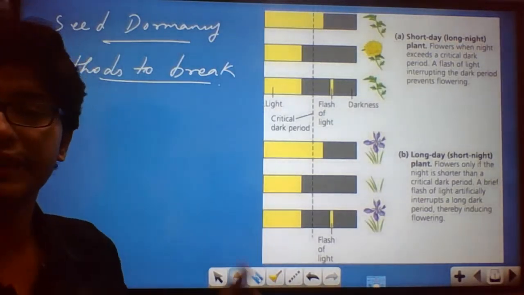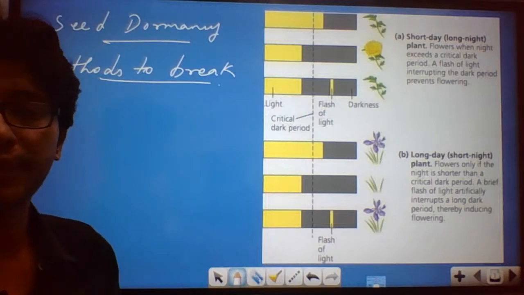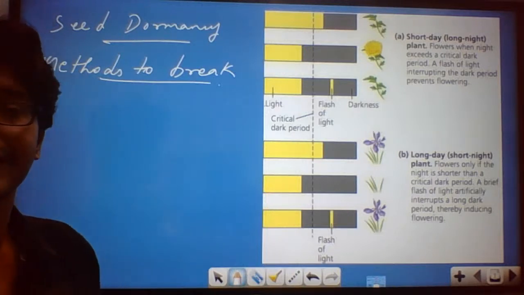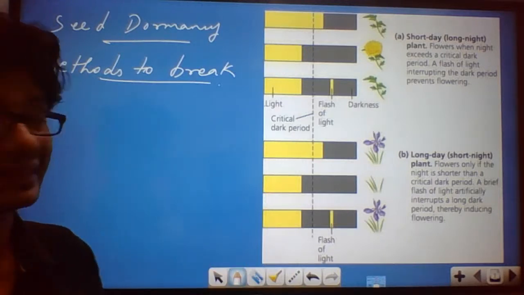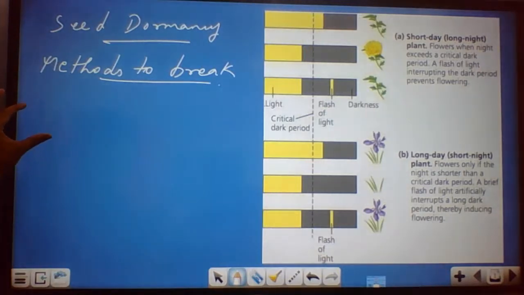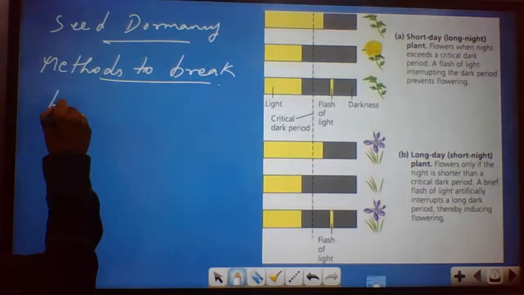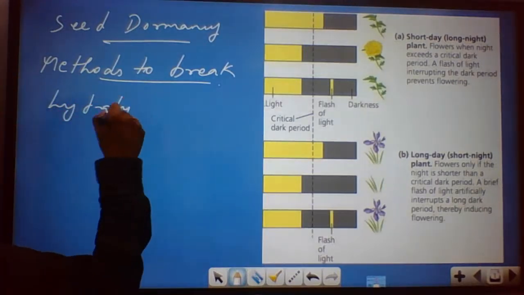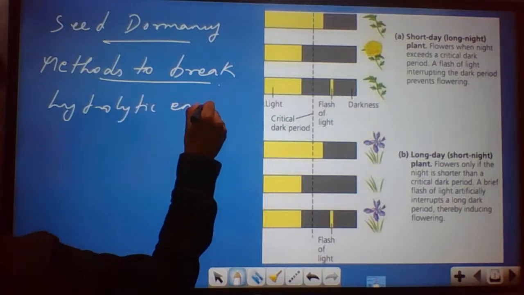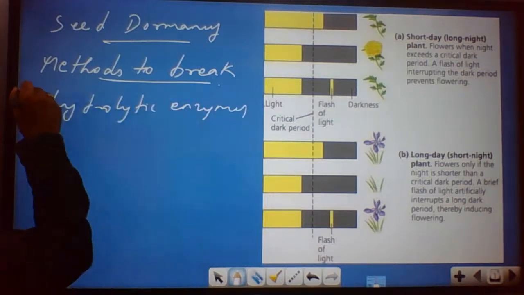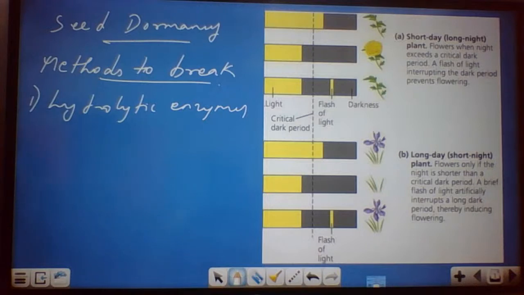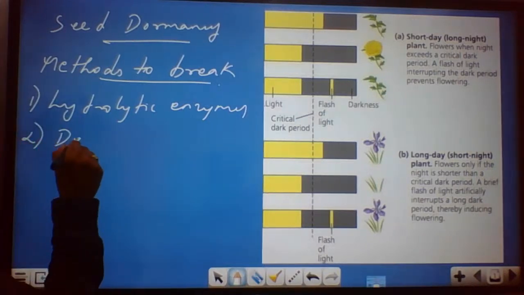That's what we discussed for the causes, because the coat is impermeable to chemicals and oxygen. When we come to the methods to break the seed dormancy, how can we break it? By means of adding hydrolytic enzymes. This is one method by which we can break the seed dormancy. The hydrolytic enzymes can be added, and destruction of the inhibitors.